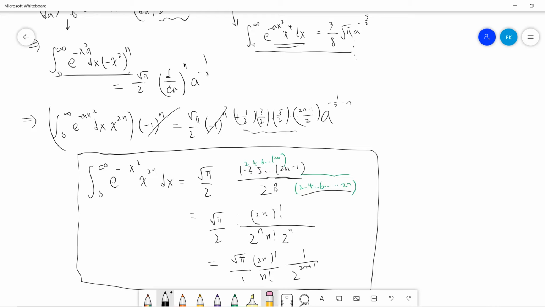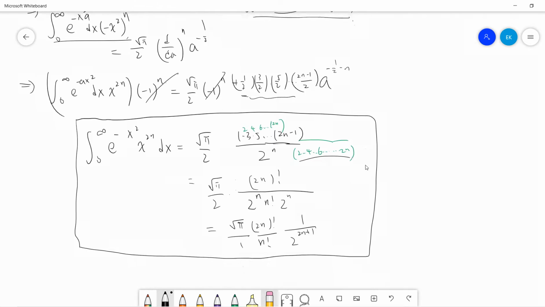So in total we have 2 to the n in the denominator, and for the numerator we get 1 times 3 times 5, up to 2n minus 1. Then we multiply by 2 times 4 times 6 up to 2n, in both the denominator and numerator.